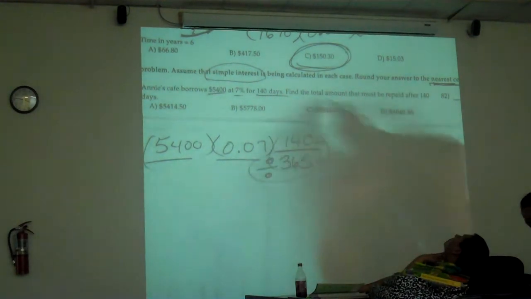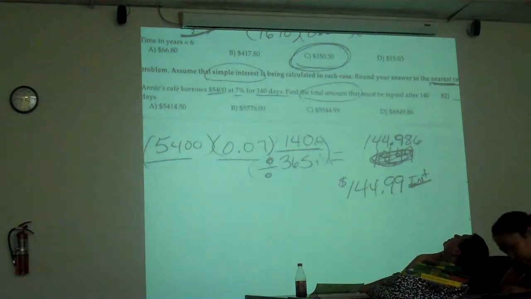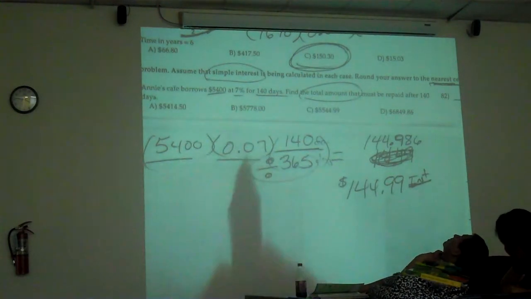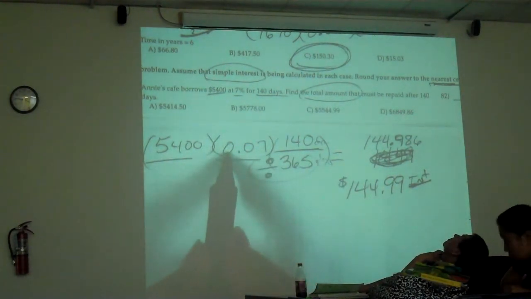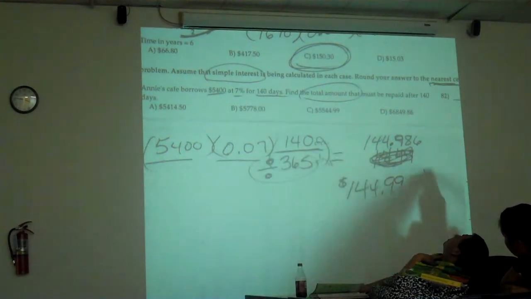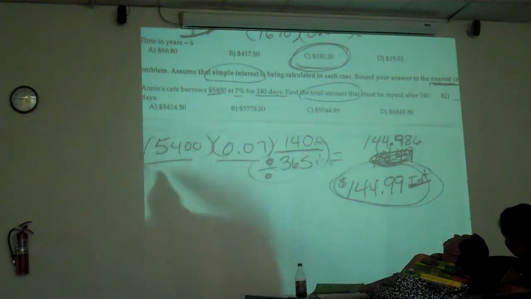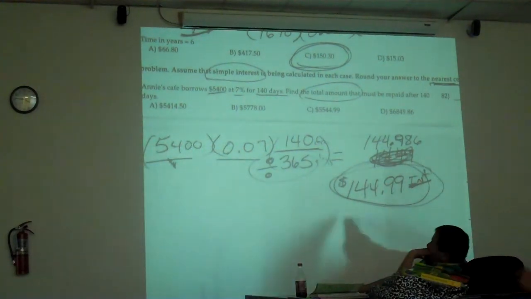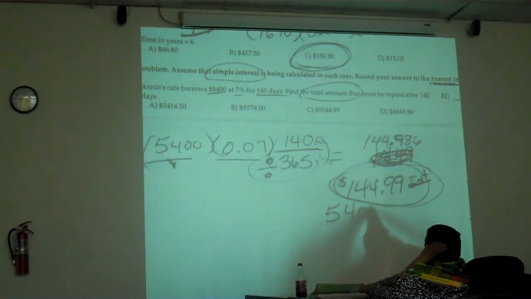It says that you want the total amount. On simple interest, don't mess up and put the 1 here like you do on compound, okay? It's not going to come out right. You have to figure out the interest and then add it to your principal. You have to add the 5,400 back on.